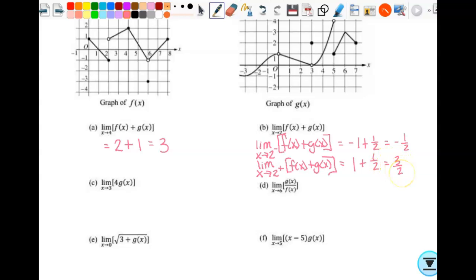Are these the same? Since these are not the same, my answer overall is does not exist. This is why it does not exist, not just because one of them didn't, okay?